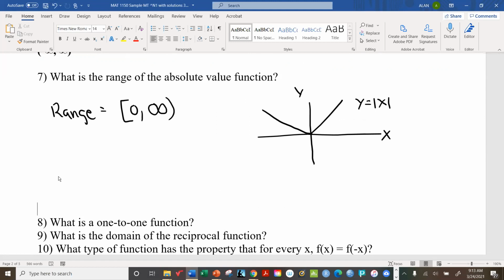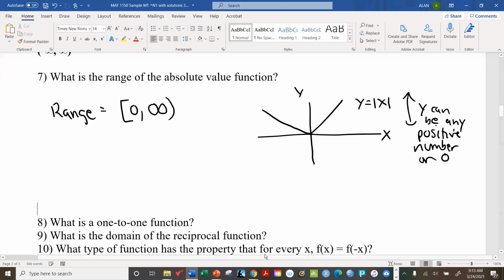In other words, the y's: y can be any positive number or 0. All right, and that's what we're looking for with the range.